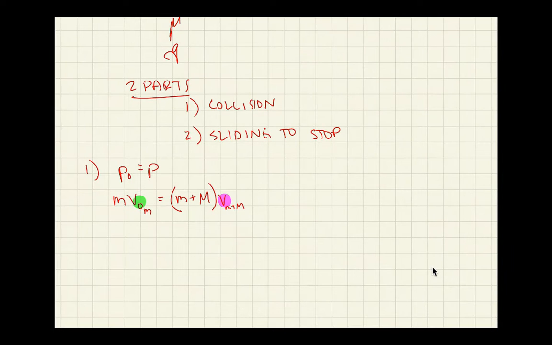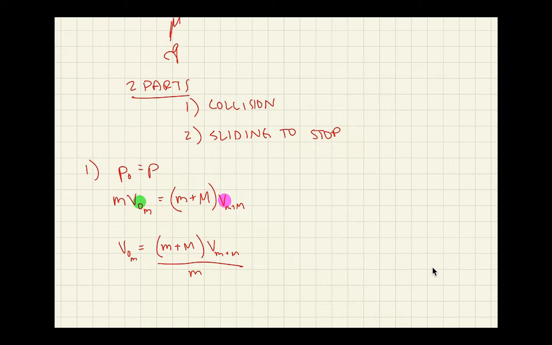If I was going to simplify this right now, I would say the initial velocity of the clay, which is what I'm looking for, is going to be equal to m plus big M times v of m plus big M, all over the mass of the clay. Okay, but I don't have enough information to solve that, right? I have two unknowns here, the initial velocity and the final velocity.